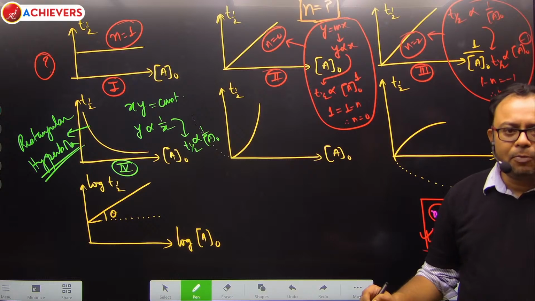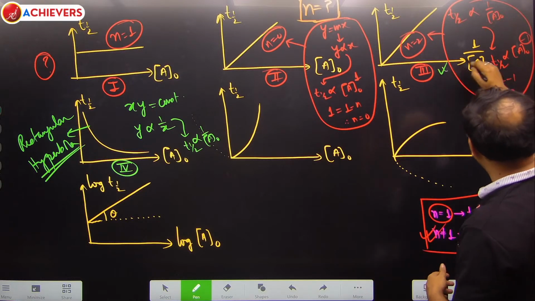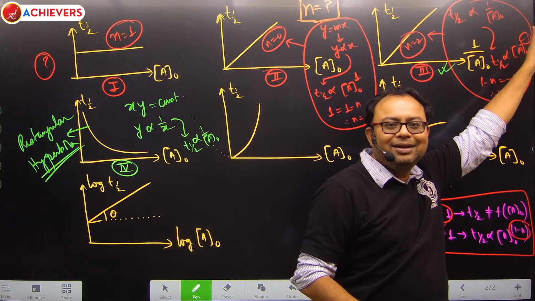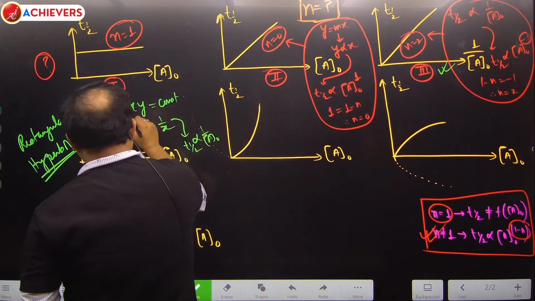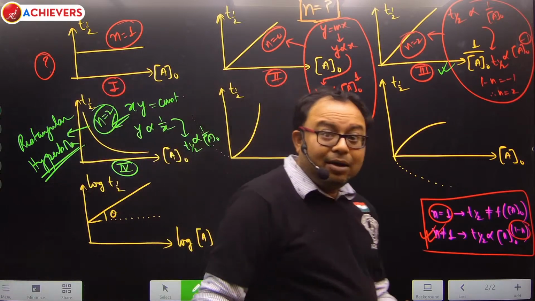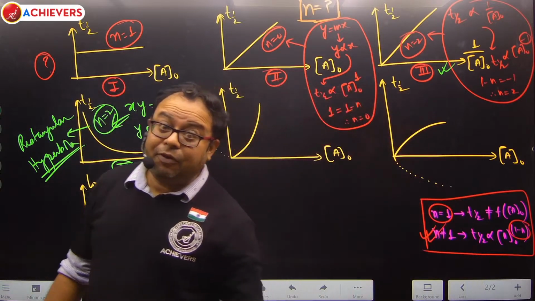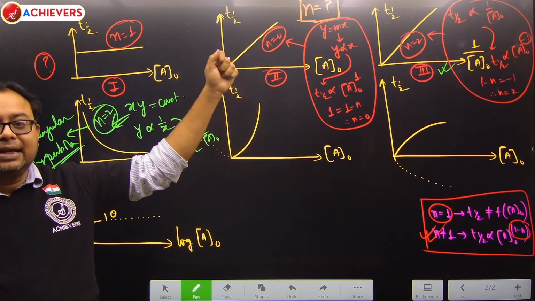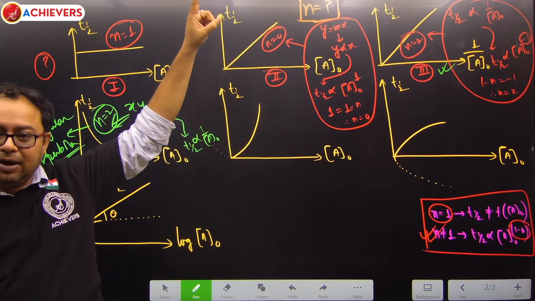And you don't have to proceed because this is the same as the third case. Here also you find T half proportional to 1 by A naught. So it's nothing but n equal to 2. So for a second order reaction, if we plot T half along the y-axis and 1 by A naught along the x-axis, we will get a straight line passing through the origin.